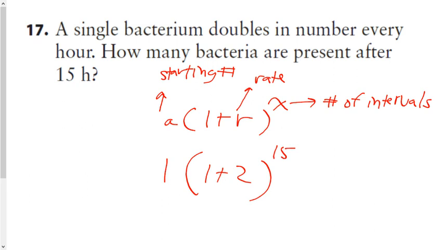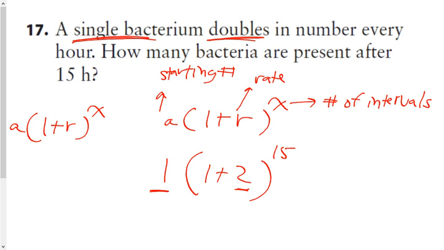So when we use this formula, A multiplied by 1 plus r to the exponent of x. It looks very complicated, but when we substitute our information, this 1 simply represents how many bacteria or how many objects we started with. This 2 simply represents the rate of change, in this case doubling.